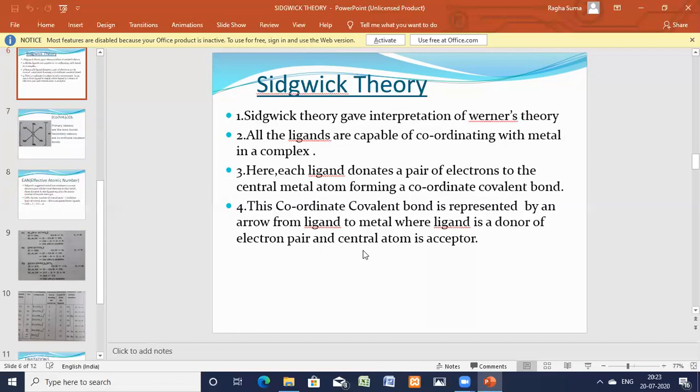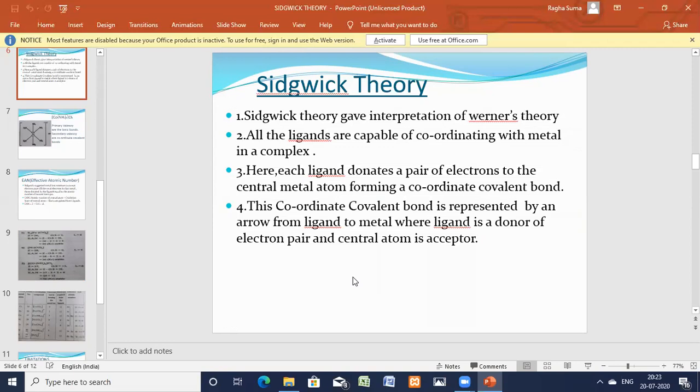Now, this coordinate covalent bond is represented by an arrow, as I told you previously. The arrow is drawn from the ligand to the metal, where the ligand is the donor of the electron pair and the central metal atom is the acceptor.